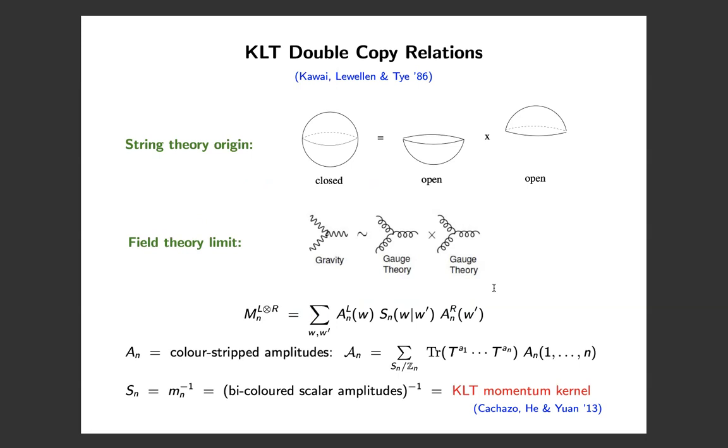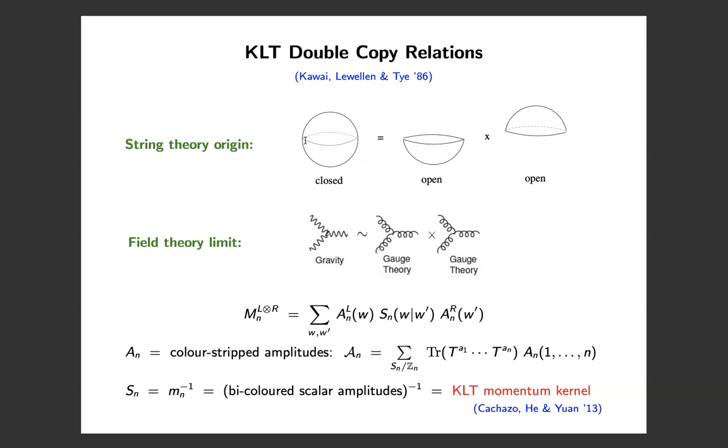The origin of the double copy goes back to the mid 1980s, the famous KLT relations between open and closed string amplitudes. Very schematically, the relation is between a tree level closed string amplitude, a sphere amplitude, and two copies of open string tree level amplitudes, which are of course disk amplitudes.